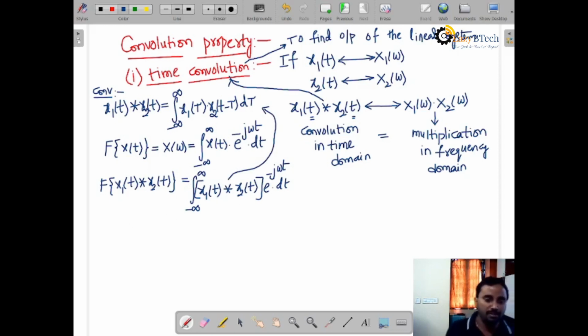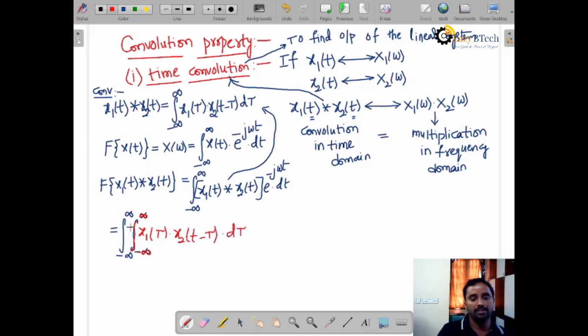So it is equal to the integral from minus infinity to plus infinity of the convolution integral, which is again the integral from minus infinity to plus infinity of x1 of tau into x2 of t minus tau d tau, and the remaining part into e to the power minus j omega t dt.